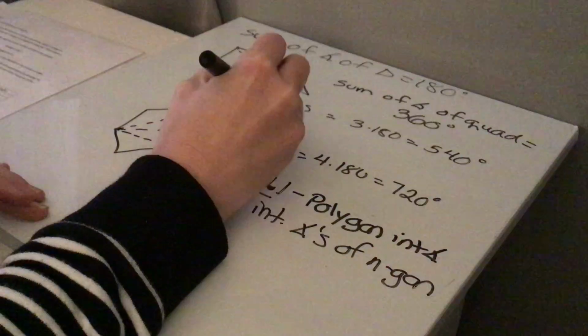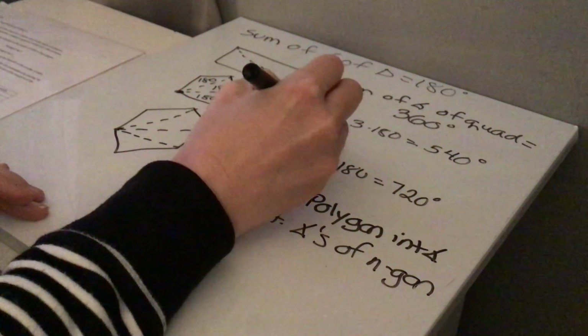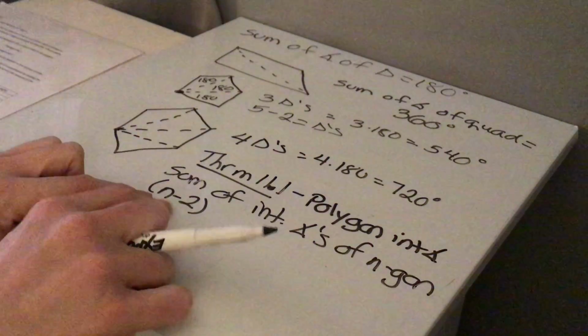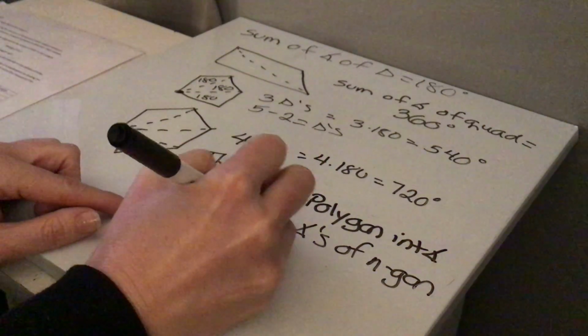So the number of sides minus 2 gives you the number of triangles.